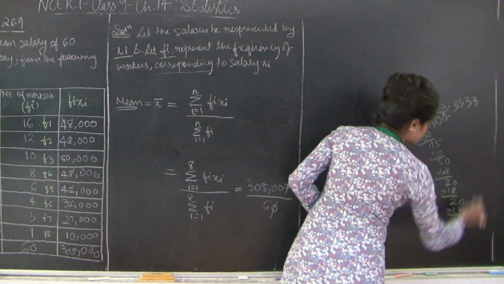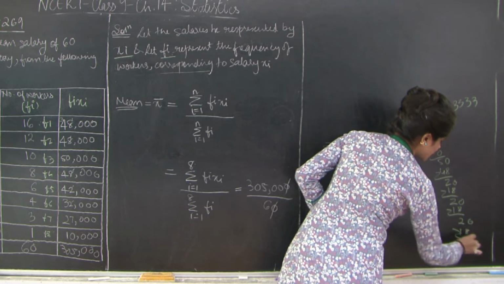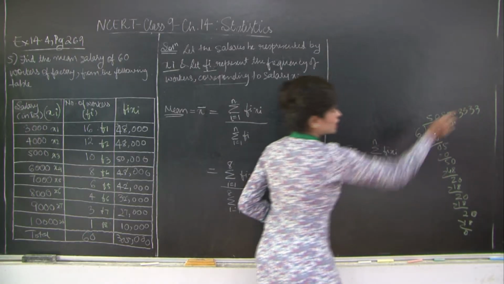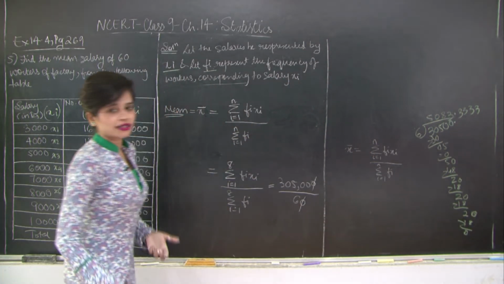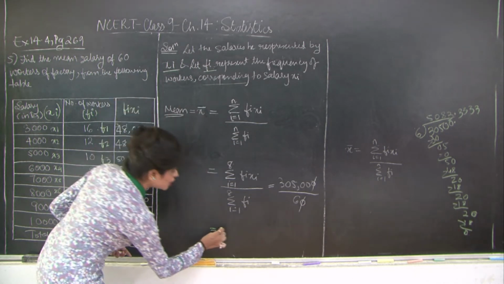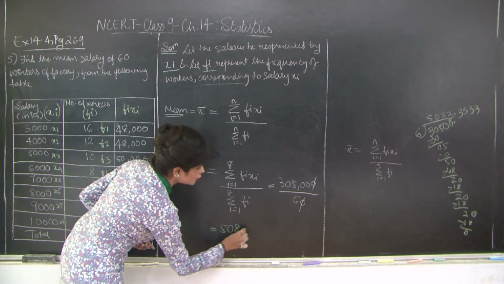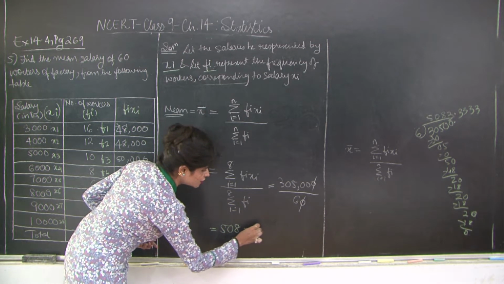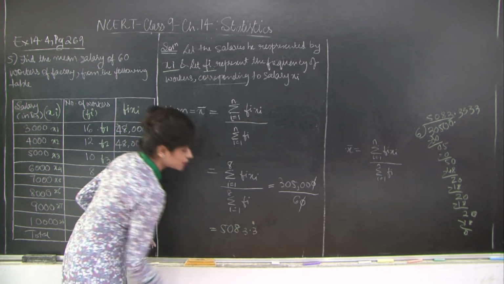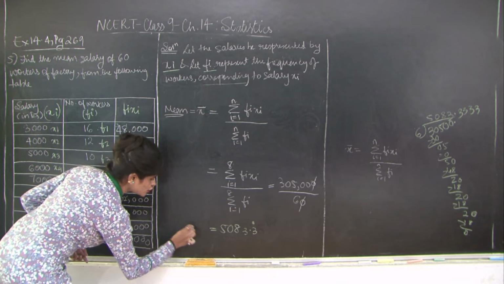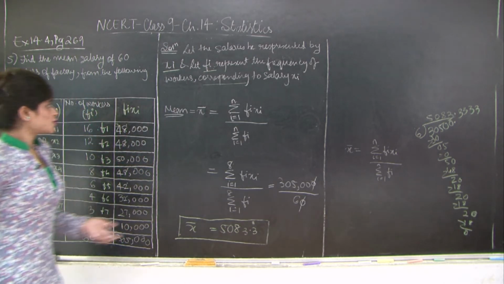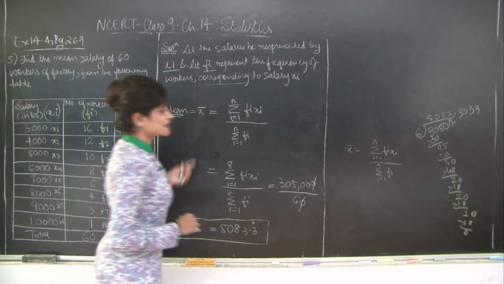Then again here 0, 6 3s are 18 and 0. We notice that 3 is recurring all the time, right? So this answer is going to be equal to 5083.33, and you can just put a bar out here, or you can just put a dot out here to show that 3 is recurring. So this is going to be your mean x bar, which also solves question number 5 of exercise 14.4.